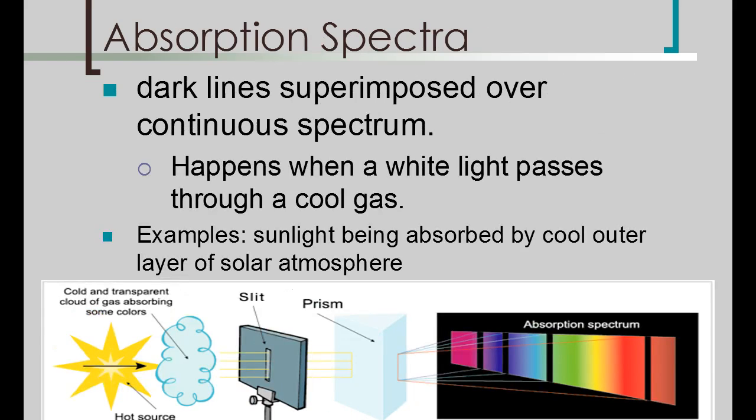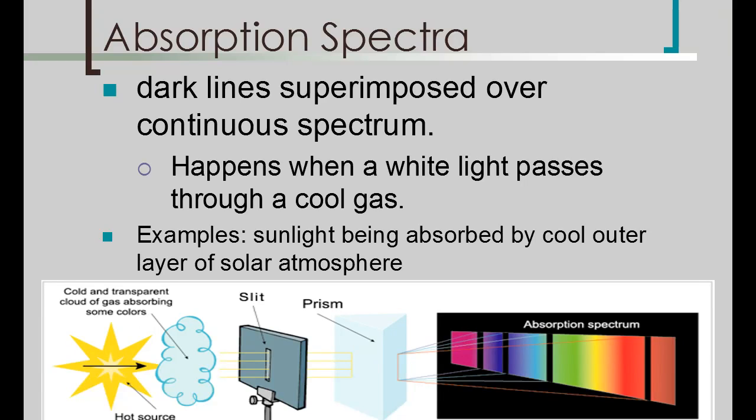Now, what's really going on with an absorption spectrum is that we have dark lines superimposed over our continuous spectrum. But what's causing that? And so what situations are we dealing with? We're dealing with cool gases higher in the atmosphere, and as that white light passes through, we see which wavelengths of light that particular gas in the atmosphere is attracted to.